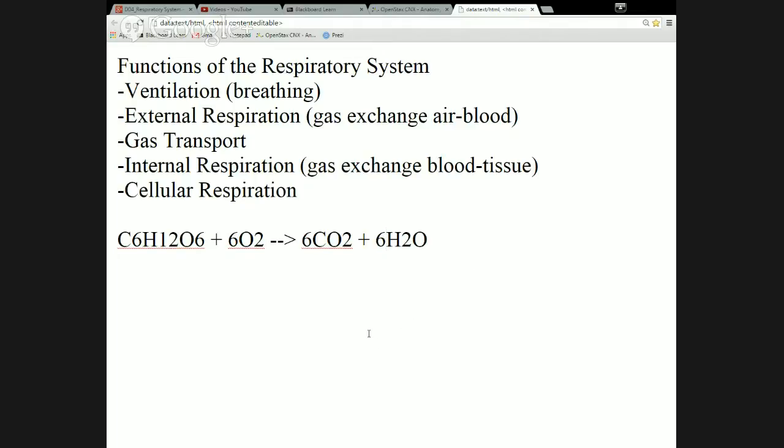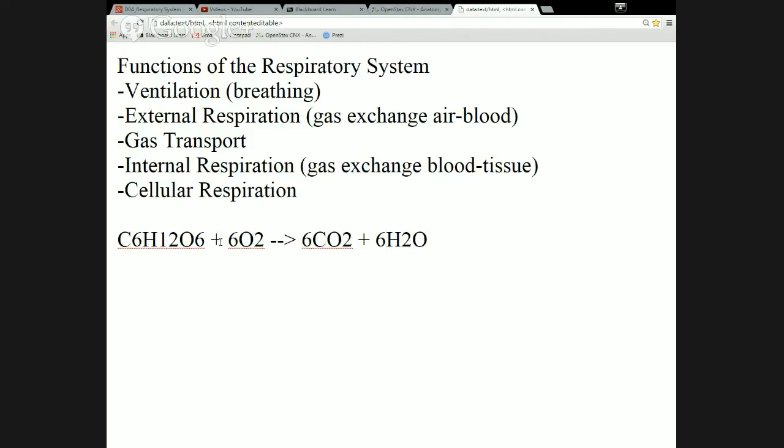In what I'm using here to put things up on the screen, I can't do subscripts. So of course the 6, 12, 6 in this, and the 2, and the 2, and the 2 would be subscripts, representing how many atoms there are of each of those elements in each compound.